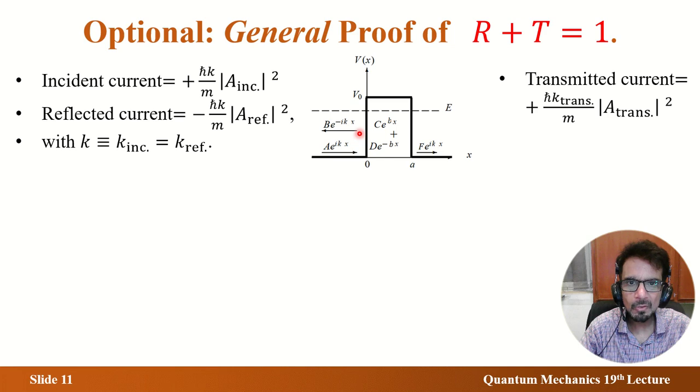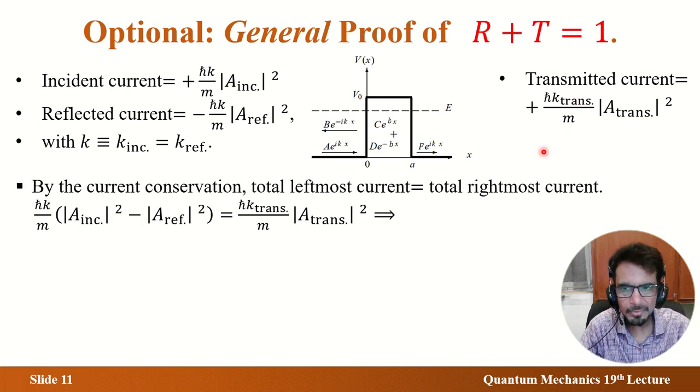Transmission and reflection are in the same region, so they will have the same k. Transmitted can be in a different region, although in my case it was the same, but it can be different in general, so I have allowed k transmitted to be different.